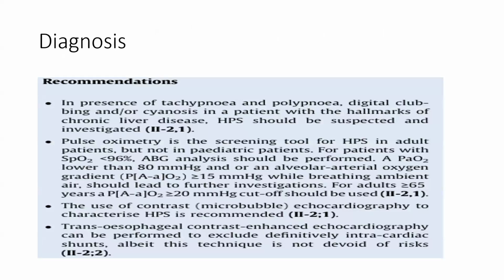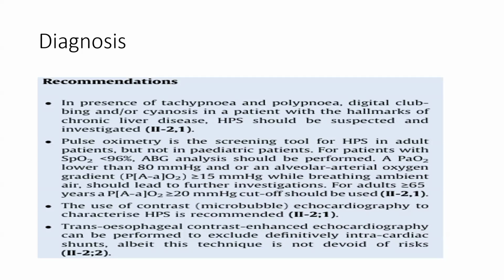About diagnosis: in the presence of tachypnea, polypnea, digital clubbing, and cyanosis in a patient with the hallmarks of chronic liver disease, hepatopulmonary syndrome should be suspected and investigated. Pulse oximetry is the screening tool for hepatopulmonary syndrome in adult patients, but not in pediatric patients.